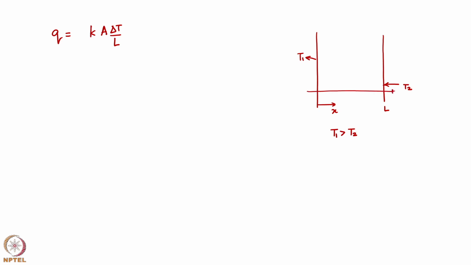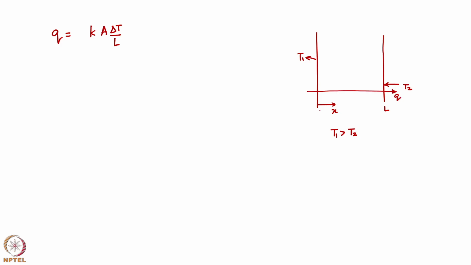So for example, we wrote Q is equal to KA delta T by L. I'm just going to use this again with some more explanation. This is X, this is L, and T1 is larger than T2. This wall is at T2. So T1 greater than T2, we would say the heat is flowing in the direction of decreasing temperature.